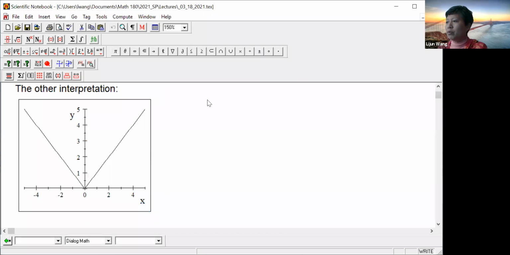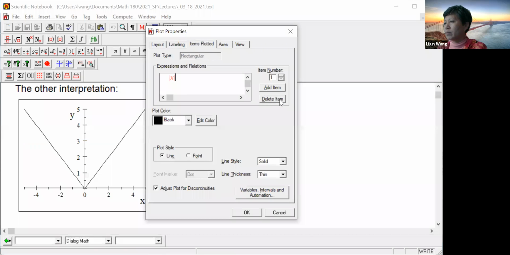I'm going to remove the curve, delete, and then add 2 points. Okay, -3, 0. It's a dot, and there's another dot.